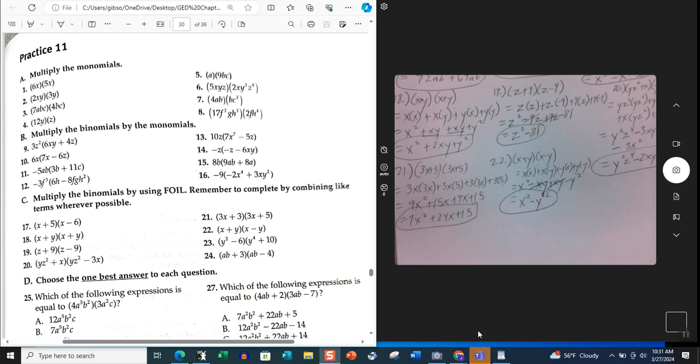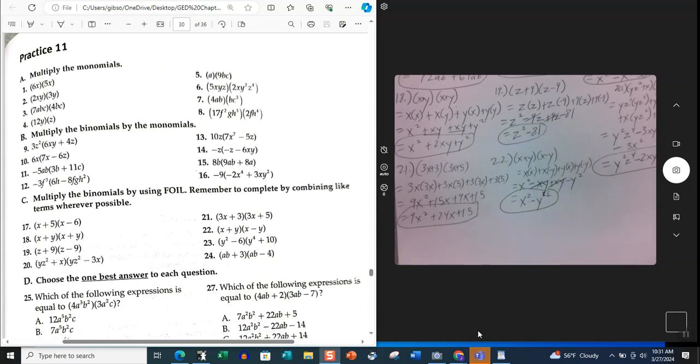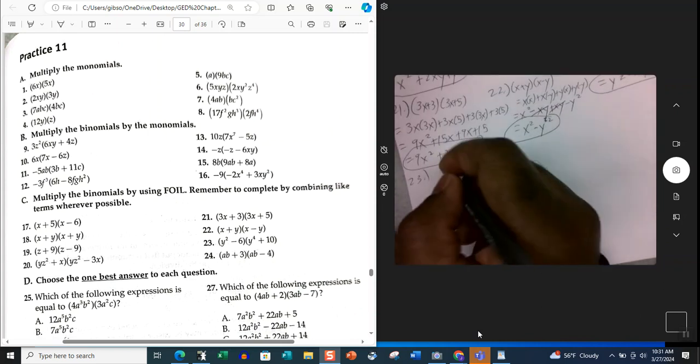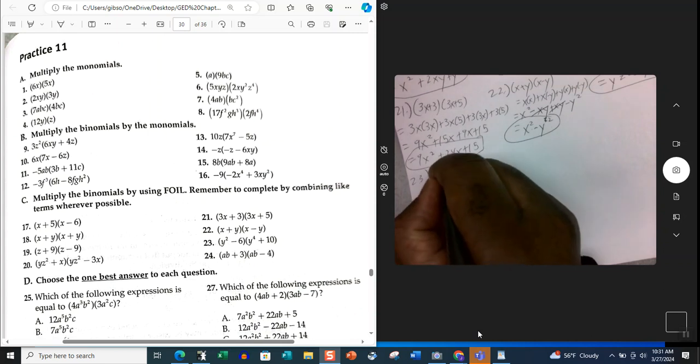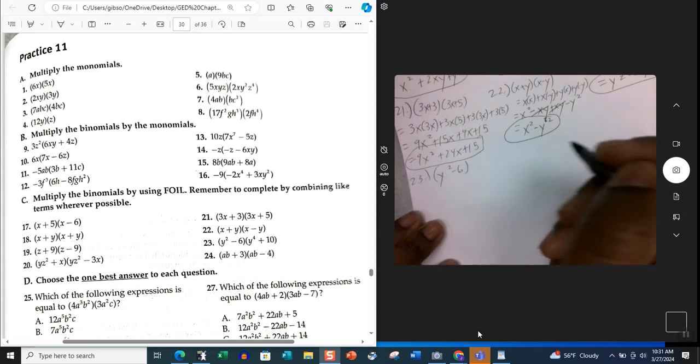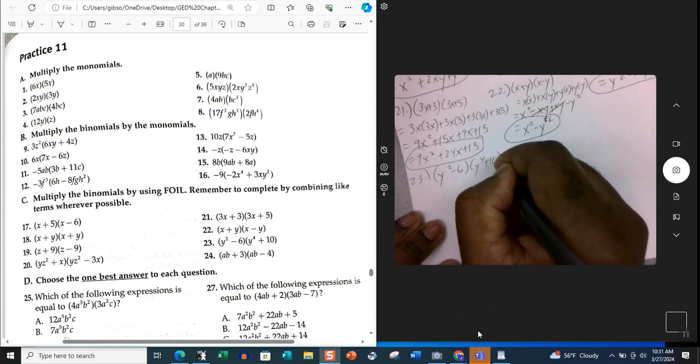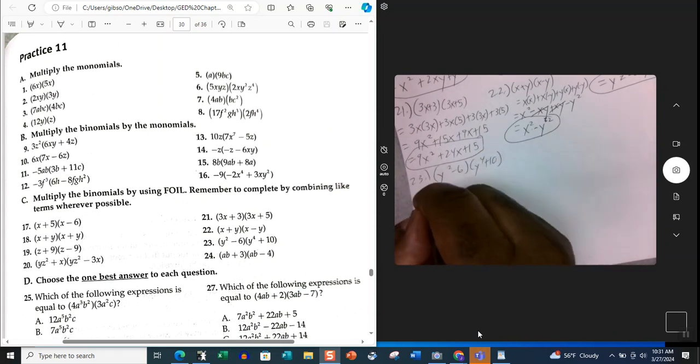All right, now 23. We have y squared minus 6 and y to the 4th plus 10. So again, we do our FOIL.